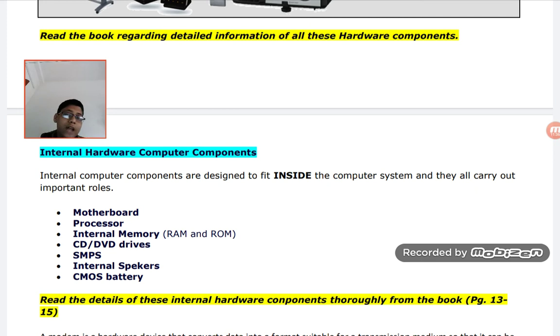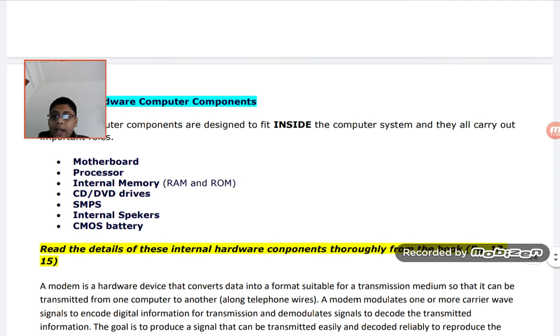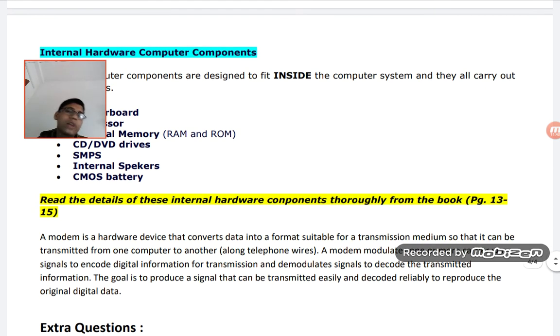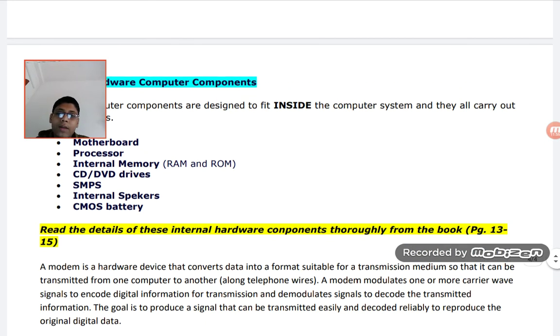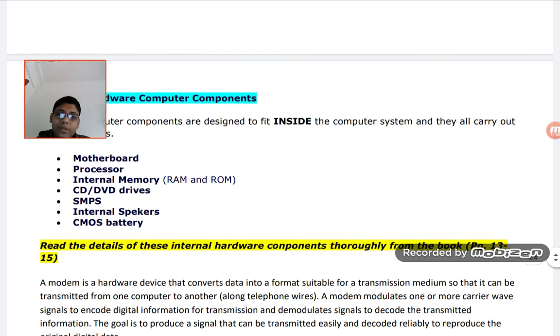You see the outside, it is the cabinet of the CPU, but inside all the things are there. Inside, motherboard is there, processor is there, internal memory is there, and these are of different companies. For example, a cabinet of Zebronics: inside it you will not find a Zebronics motherboard or Zebronics processor, but you will get an Intel motherboard, Intel processor, etc.